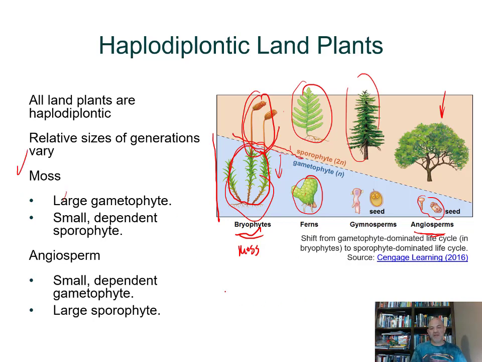We see a trend as the land plants evolve from going way back when the earliest plants that probably resembled our mosses today. You're going to see a trend in the reduction of the gametophyte.